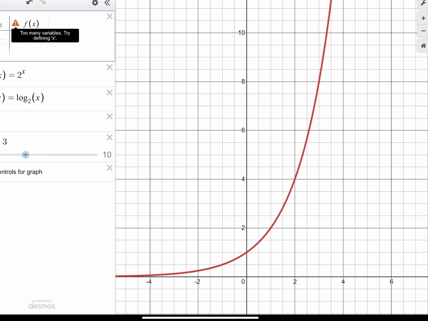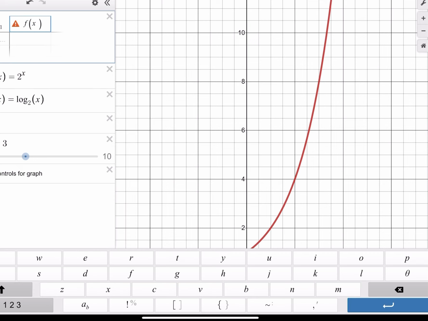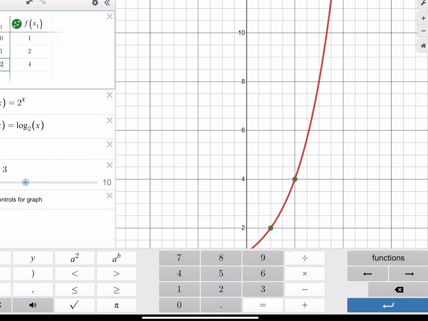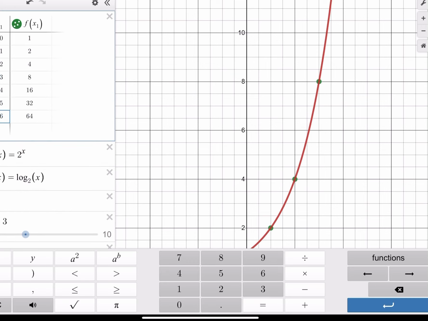Too many variables try to find an x. Oh, I'm sorry, f of x1. My bad. Cool. So then we'll put in the values that we just put in. So we have 0, 1, 2, 3, 4, 5, 6, even though we won't actually see some of these on here.